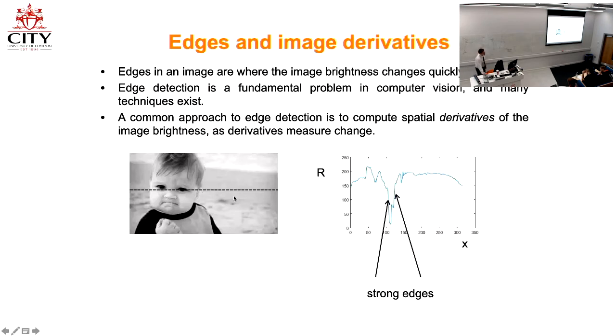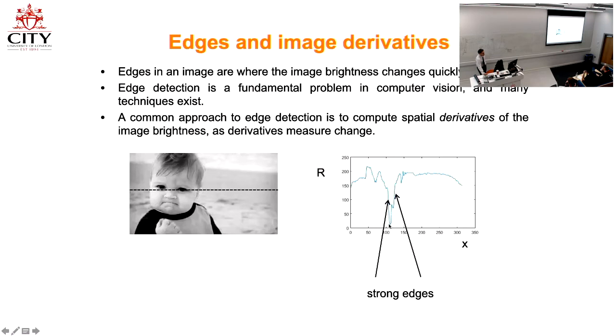But if you look at this image, and I look at the values in a row, this is what the intensities are. These are the raw values, this is my x dimension, and this is the brightness from 0 to 255, and my image is, say, 350 pixels wide. I see different values, but at this point something that was bright is now super dark.